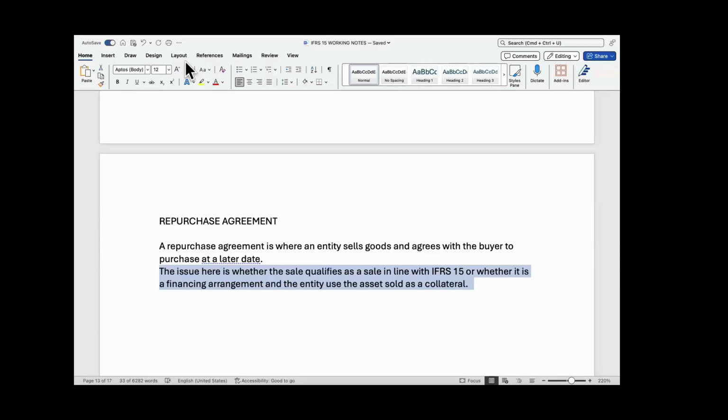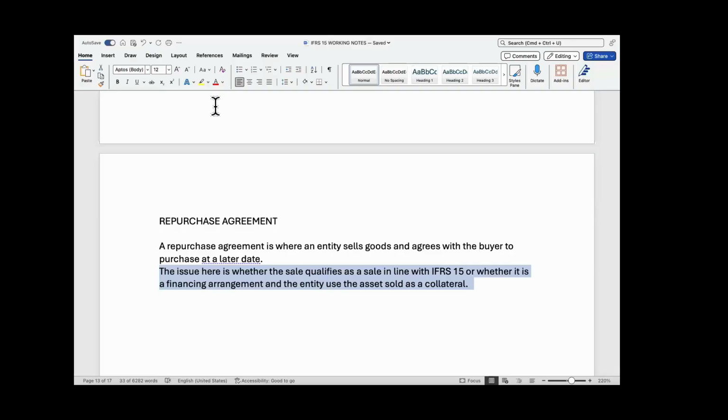Sir, because it meets the 5 steps of IFRS 15. Any other question? Yes, sir. I think the issue here is whether the seller should recognize it as revenue, since the seller agrees to buy the goods back at a later date. It cannot be recognized as revenue.